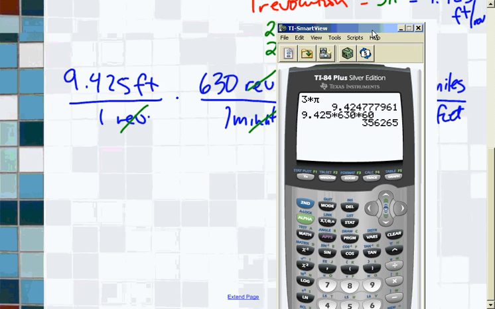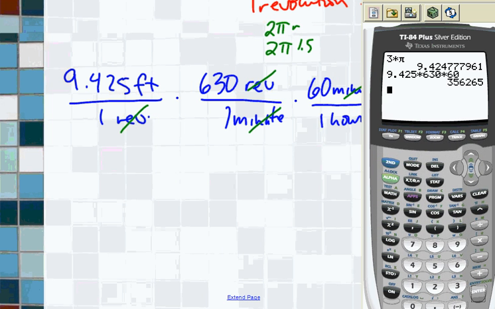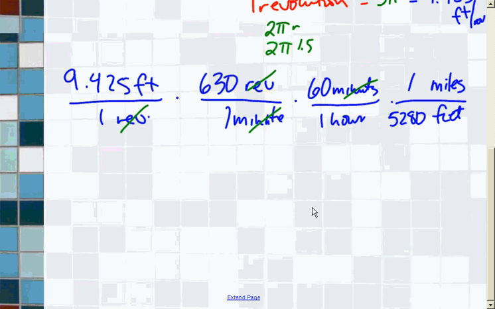So right now this truck is going 356,265 feet per hour. We're going to divide that by the 5,280. So 67 miles. He's speeding in most parts of the world. So your answer is going to be 67.5 miles per hour. Okay, so that's how you do those types of problems.